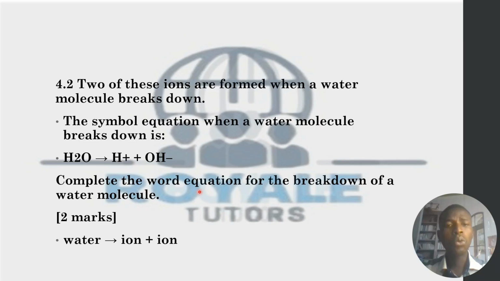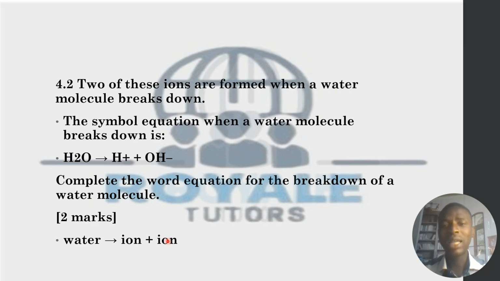What is this telling us? How do we break this down in words? H2O has been given to us here as water. So what do we call this ion, and what do we call this ion? That is just what the examiner is expecting from you.